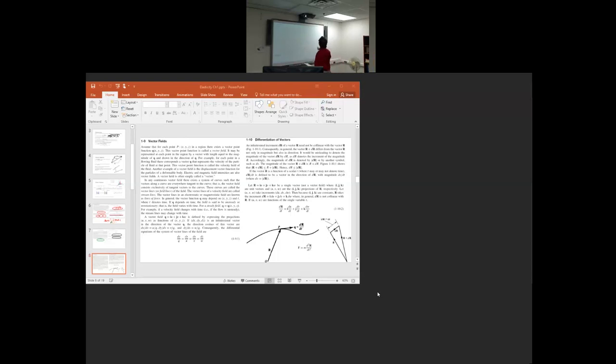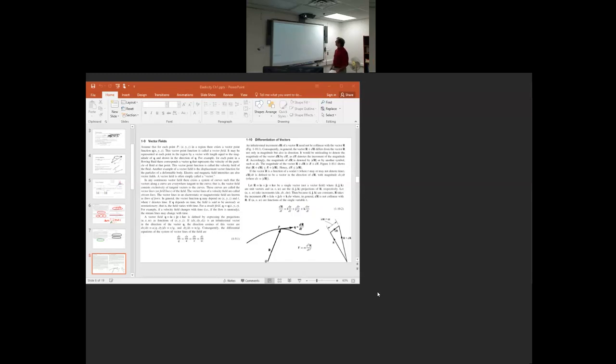Now, the other topic is the directional differentiation of a vector. And we can see how it can be differentiated graphically here. You can see the vector r, and dr is perpendicular to r, and r plus dr is longer than vector r.